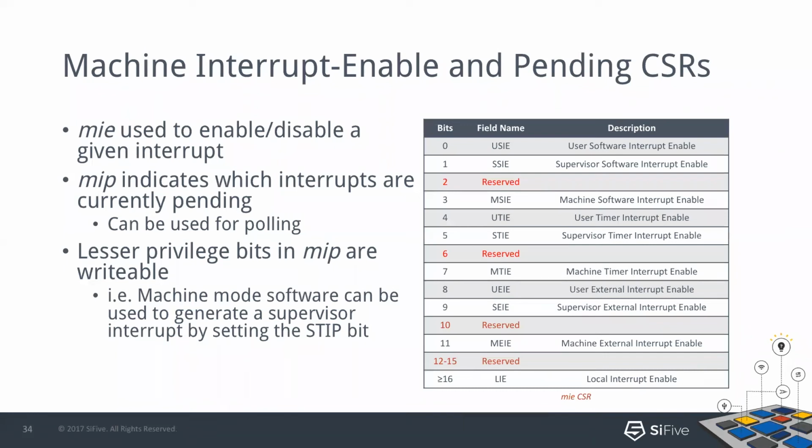Then when that machine mode software switches context back to supervisor mode, it will trigger the supervisor timer interrupt. I only show in the table the mapping for the machine interrupt enable CSR. However, the interrupt pending CSR has the exact same mapping.